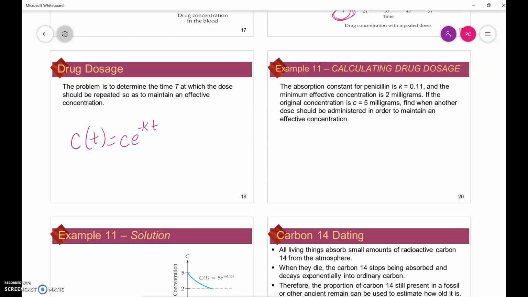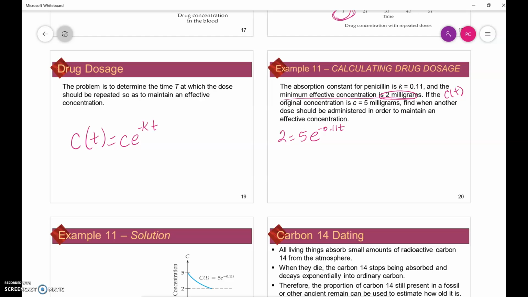If the original concentration is C equal to 5 milligrams, find when another dose should be administered in order to maintain an effective concentration. So we're looking for that t value. If we plug everything in, that minimum effective concentration is going to be our C of t. So I've got 2 equal to 5 times e to the negative 0.11t.